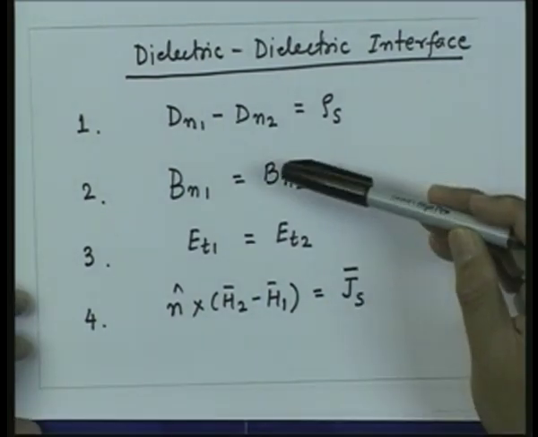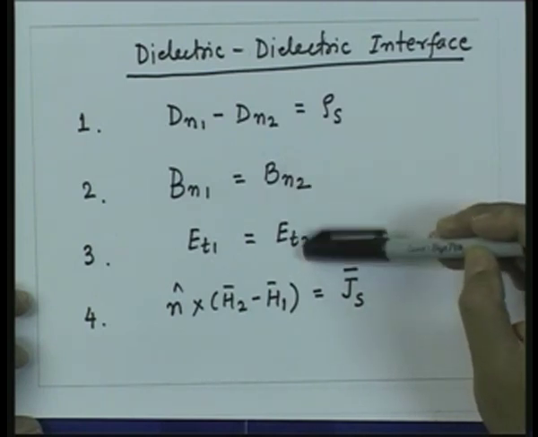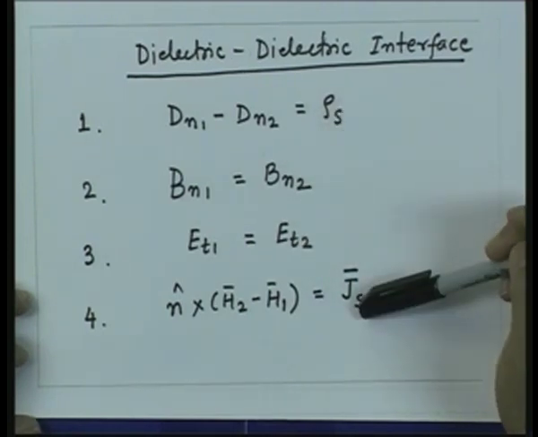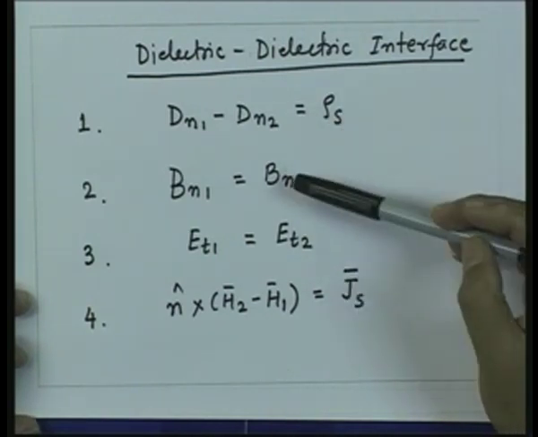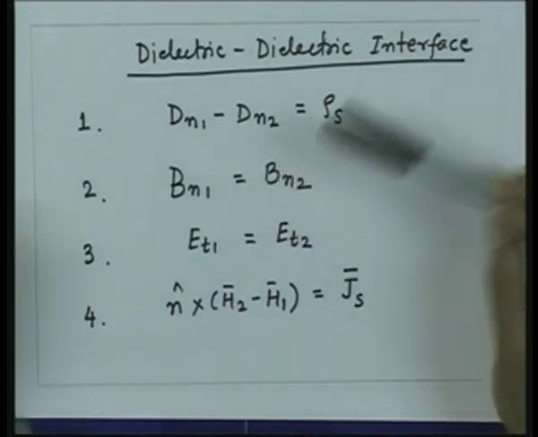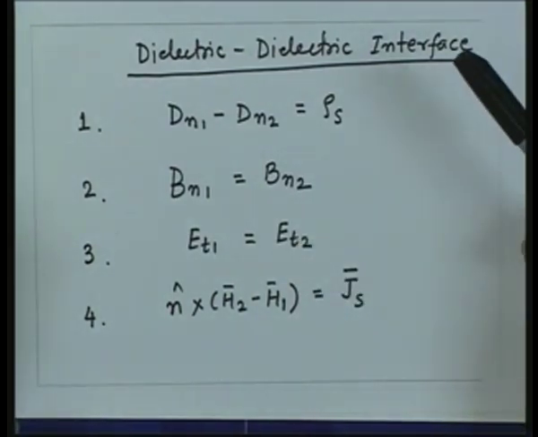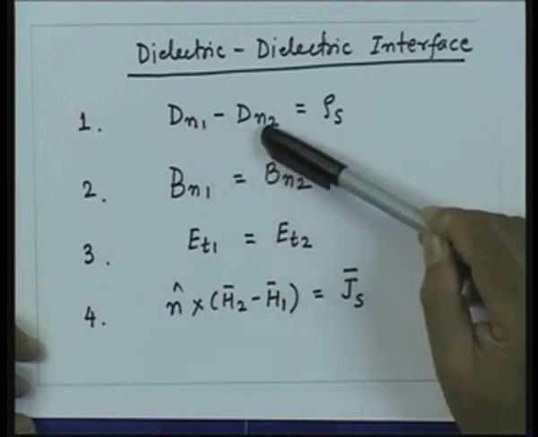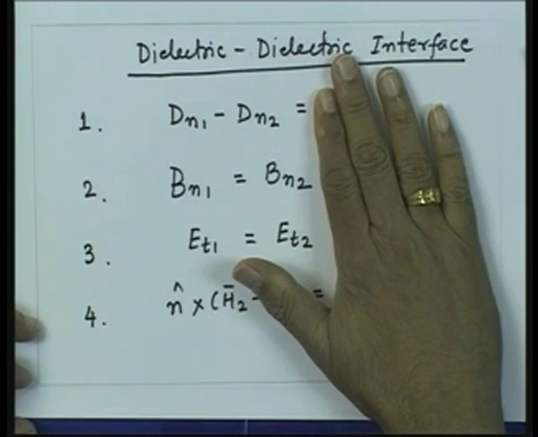So these 2 boundary conditions, 2 and 3, can be applied in any situation whether you have surface charges or surface currents. So invariably you will see when we do the analysis, we apply these boundary conditions, that is, the normal component of magnetic flux density is always continuous, the tangential component of electric field is always continuous across the boundary. The normal component of the displacement vector may be continuous if this quantity is 0, may not be continuous if this quantity is not 0.